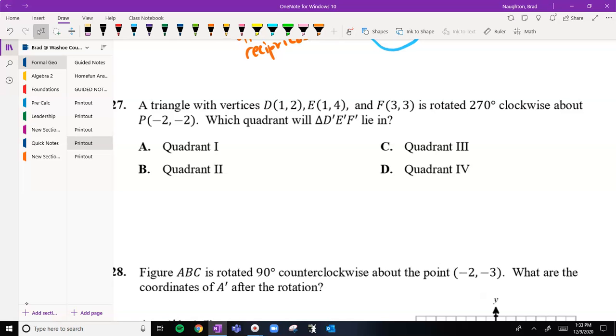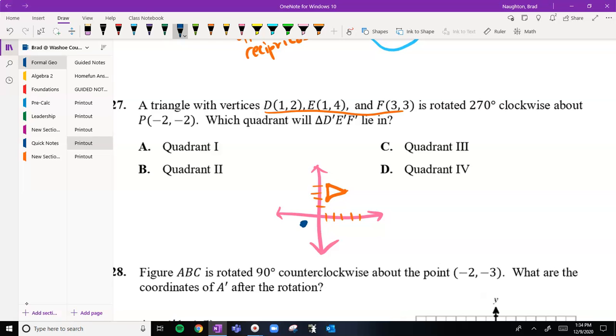All right, let's move on to 27 here. On 27, it's saying what quadrant will it move into? Okay, so this is where you get to sort of, as I mentioned a couple examples ago, just eyeball it. So for the majority of these, they are in this first quadrant, which is 1, 2. So 1, 2 is right there, 1, 4 right there, and then 3, 3 right there. I'm going to rotate it around this point, -2, 2, which is over here.